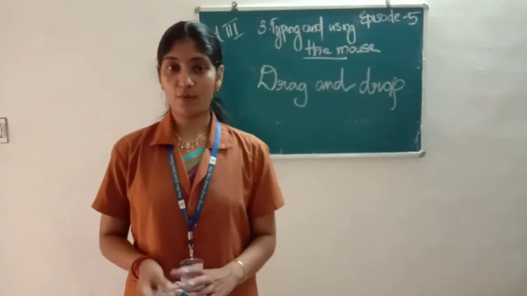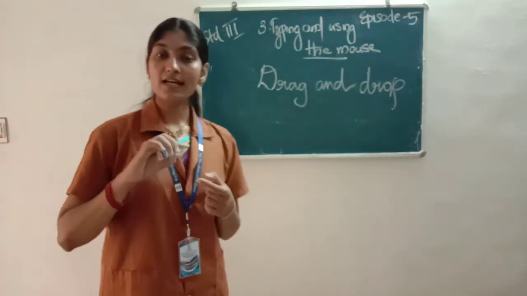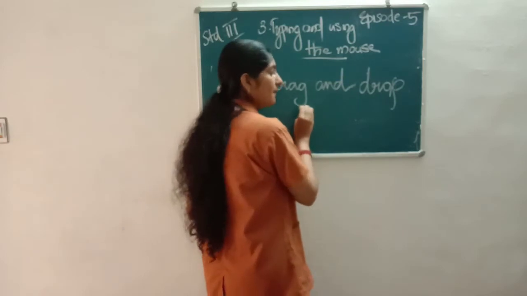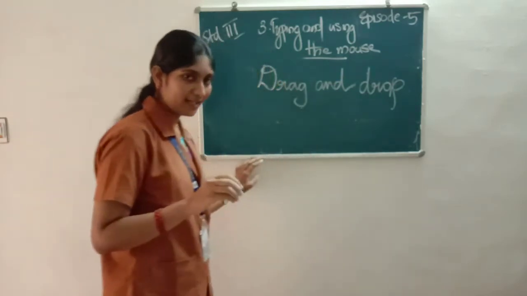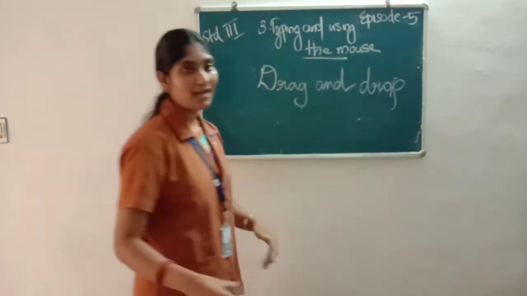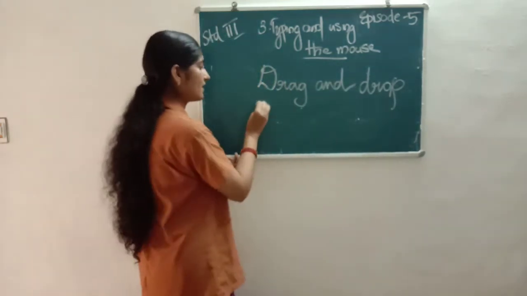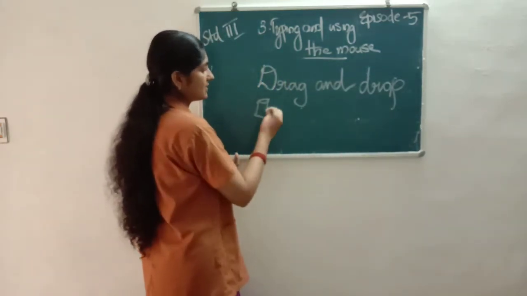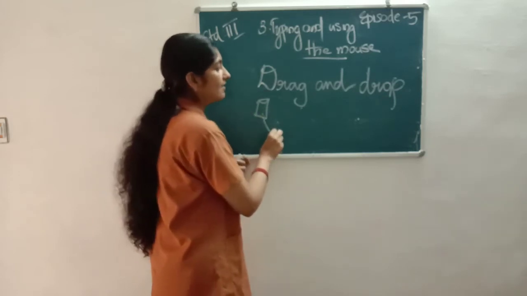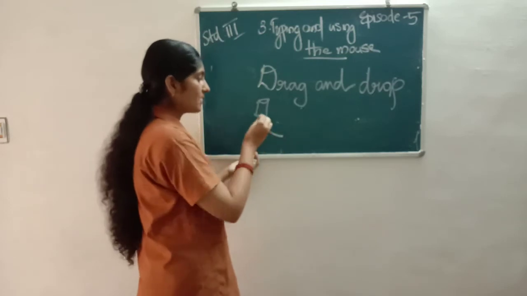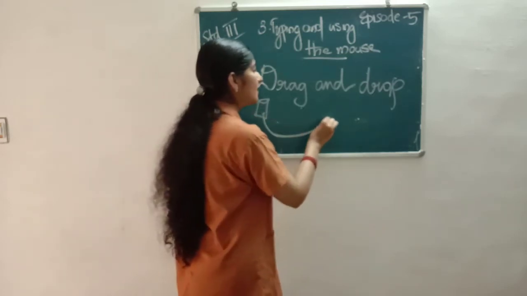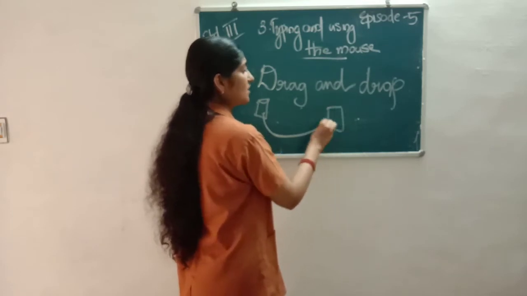So first of all, press and hold down the left button, then move to another location and then release it quickly. So here is the folder. First hold down the left mouse button, press that left button and move to another location, then release it quickly.